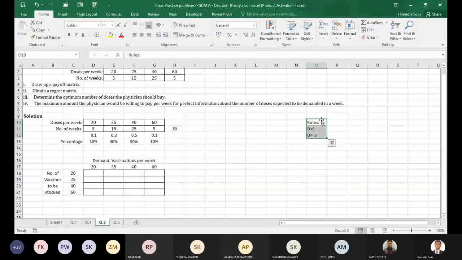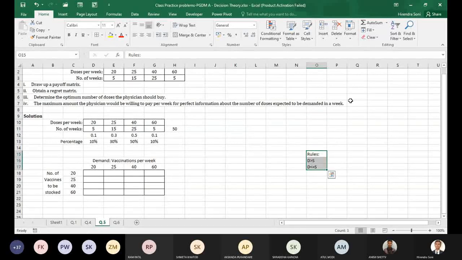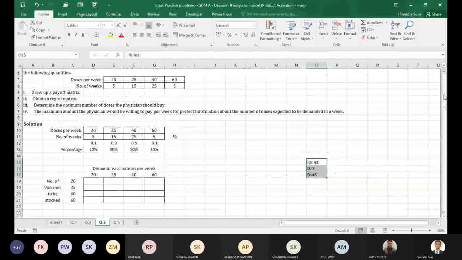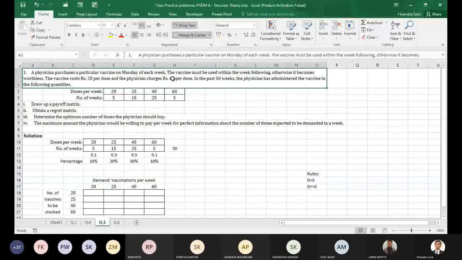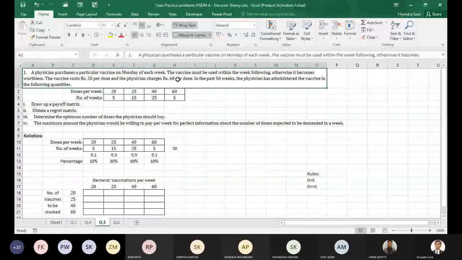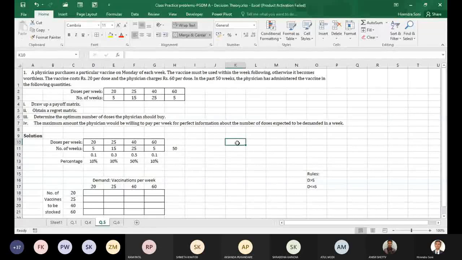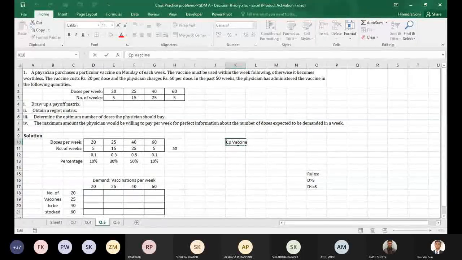The cost is 20 rupees and he gets 60 rupees for it. So that means the cost price of the vaccine is 20 rupees, and the selling price is 60 rupees.